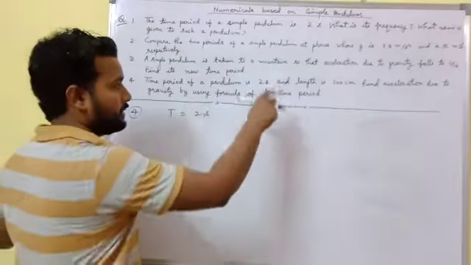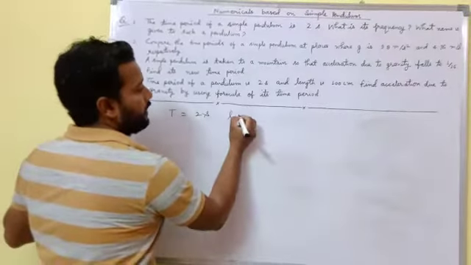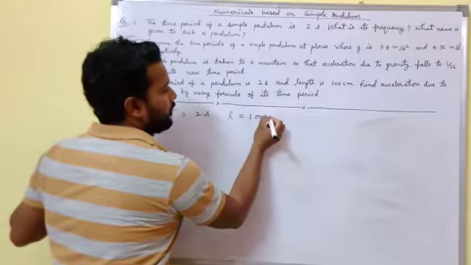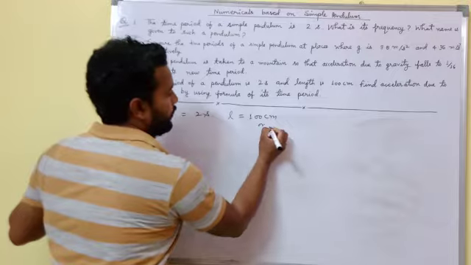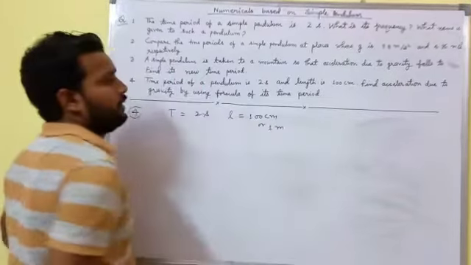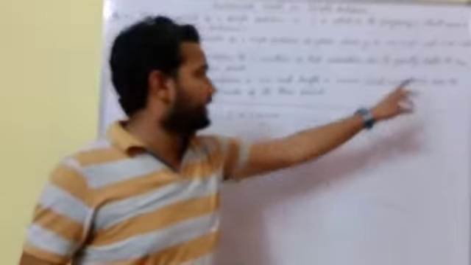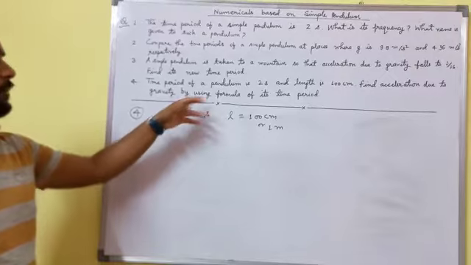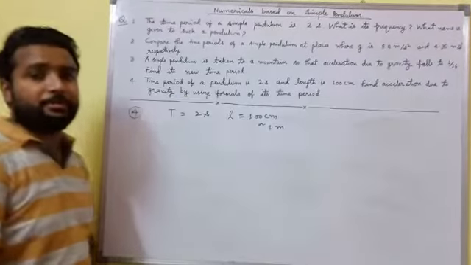In the question the length is given as 100 centimeter, you can write 1 meter, and find out acceleration due to gravity by using the formula of time period.